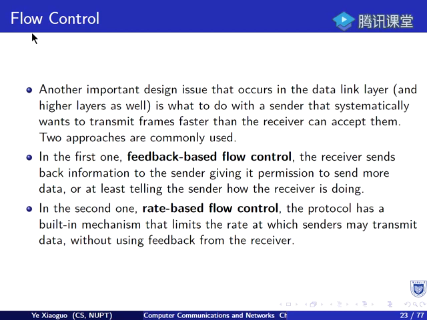The second flow control mechanism is rate-based flow control. The protocol has a built-in mechanism that limits the rate at which the senders may transmit data without using feedback from the receiver.